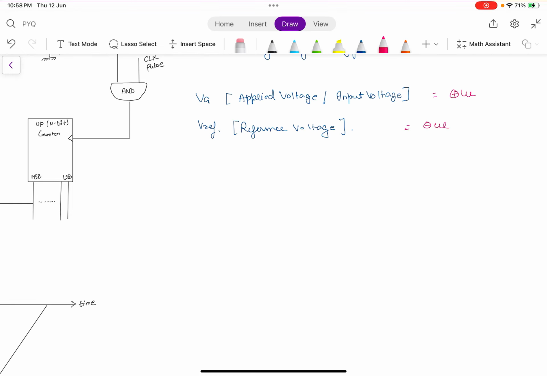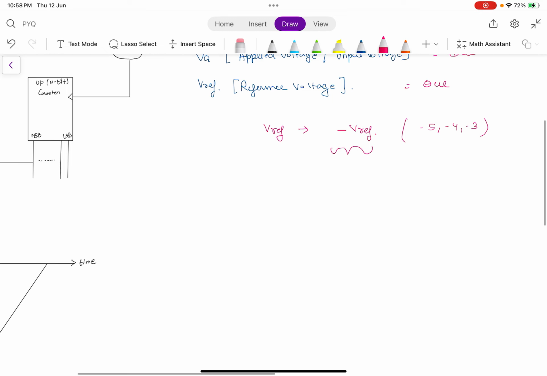From now onwards I will write V reference as minus of V reference, like -5, -4, -3, so that this writing can be easily explained in derivations in the upcoming topics.